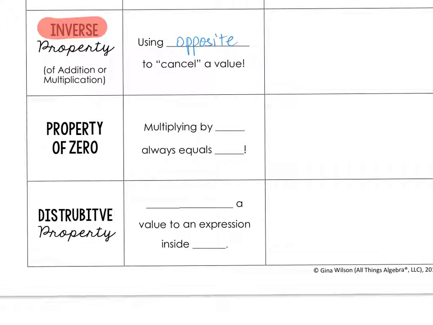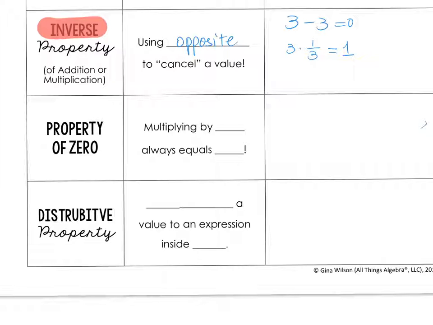What do I mean by that? For addition, if I have 3 and I want to cancel that value, I do the opposite, minus 3, and I have 0, right? For multiplication, if I have 3, I multiply by the reciprocal, 1/3, and I now have 1. So that's what it means.